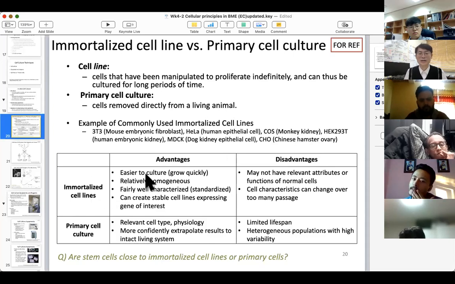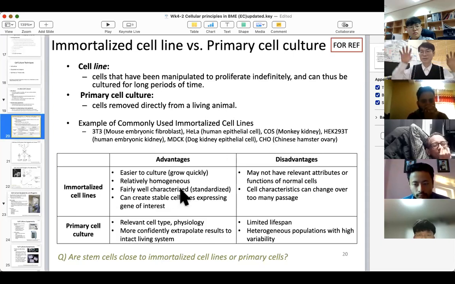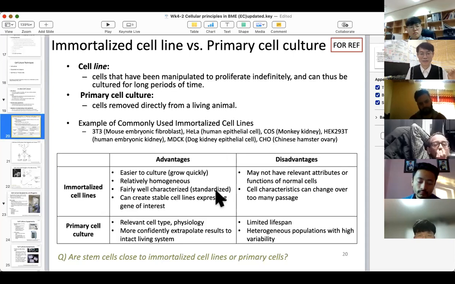So these cells are, of course, immortalized somehow. They grow quickly, are easy to culture, great. And they are relatively well-known, relatively homogeneous. The reason why multiple labs over the world study these is that we want to compare with each other. For that, immortal cell lines are great because they are already well characterized.